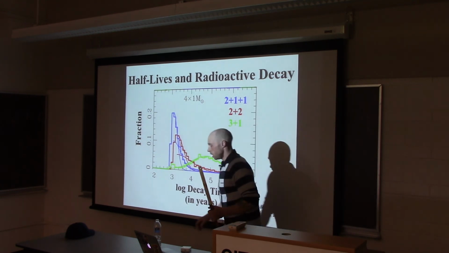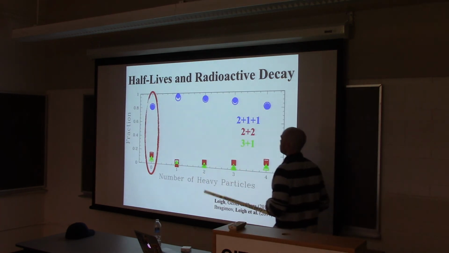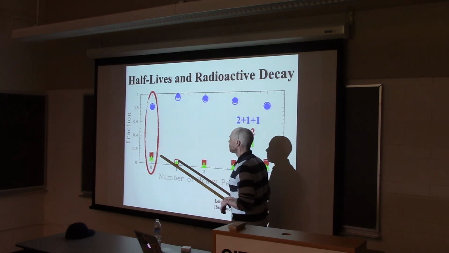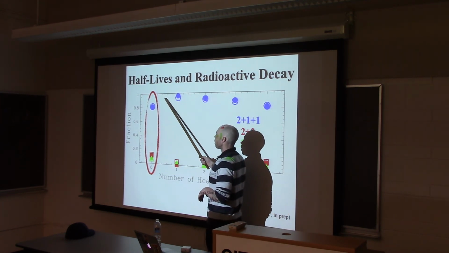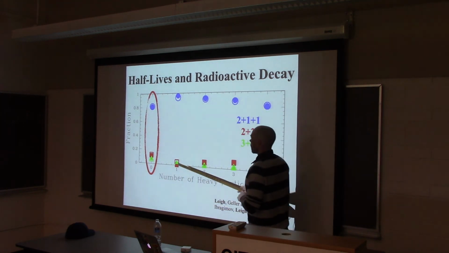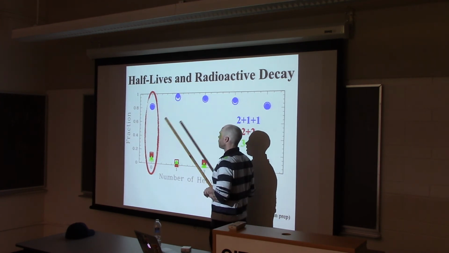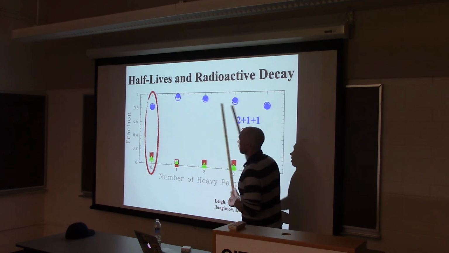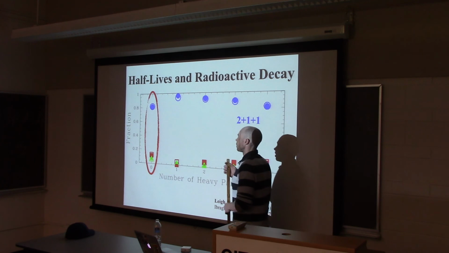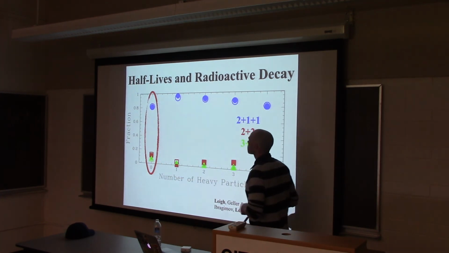We extract the half-lives, shown by the solid points, and the open points are what we get directly from the numerical scattering simulations. Again, green is forming triples, then 2 binaries, and 2+1+1. What we get from our half-life formalism agrees quite well with the outcome fractions we get directly from the numerical scattering simulations.